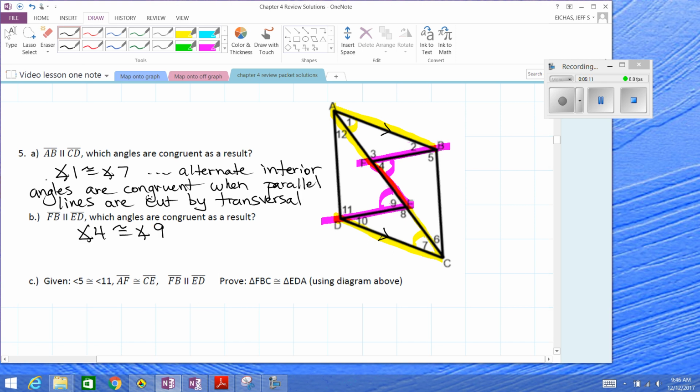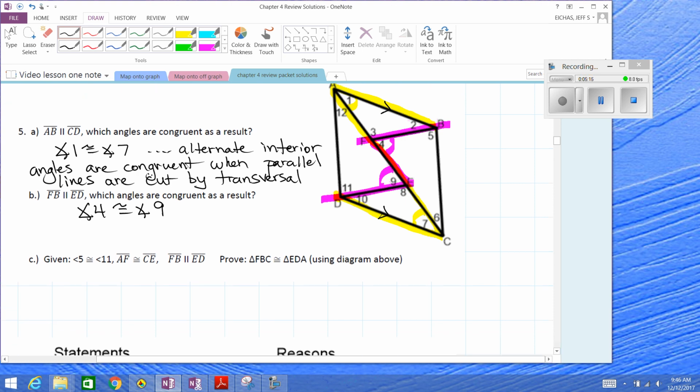And for the same reason as that one, I'll shortcut it this time: this is alternate interior angles, congruent when parallel lines are cut by a transversal, or if your teacher allows it, alternate interior angles theorem. All right, let's get rid of some of this stuff.